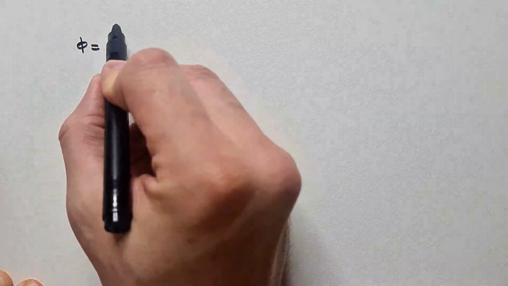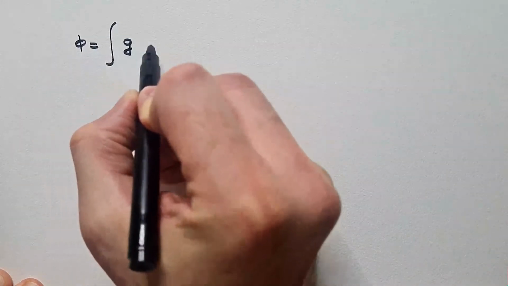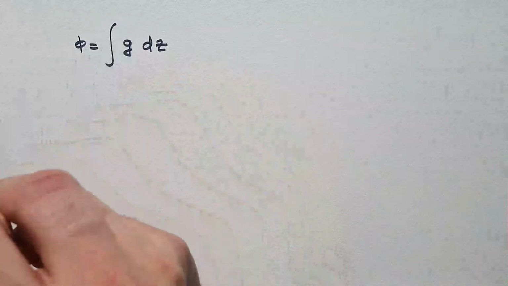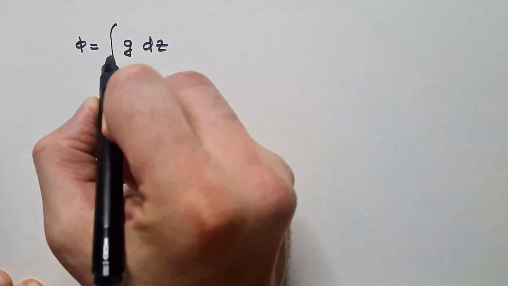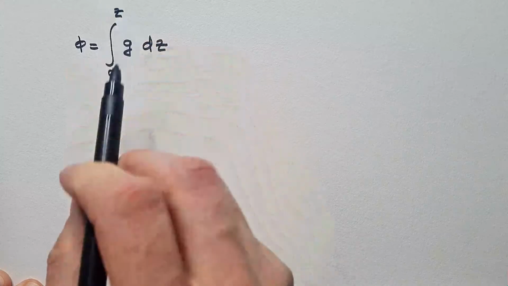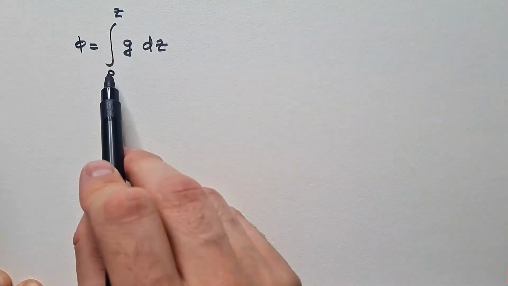Okay, to find geopotential of a sphere, we start from the definition of geopotential, that is phi is equal to the integral of g dz, and that needs to be integrated from 0 to z because 0 is the reference height.